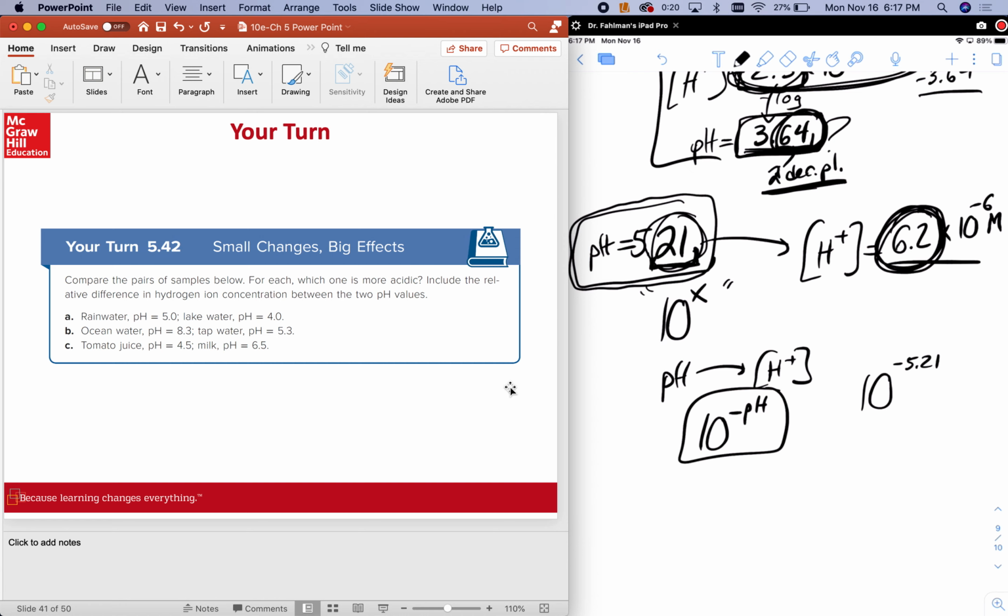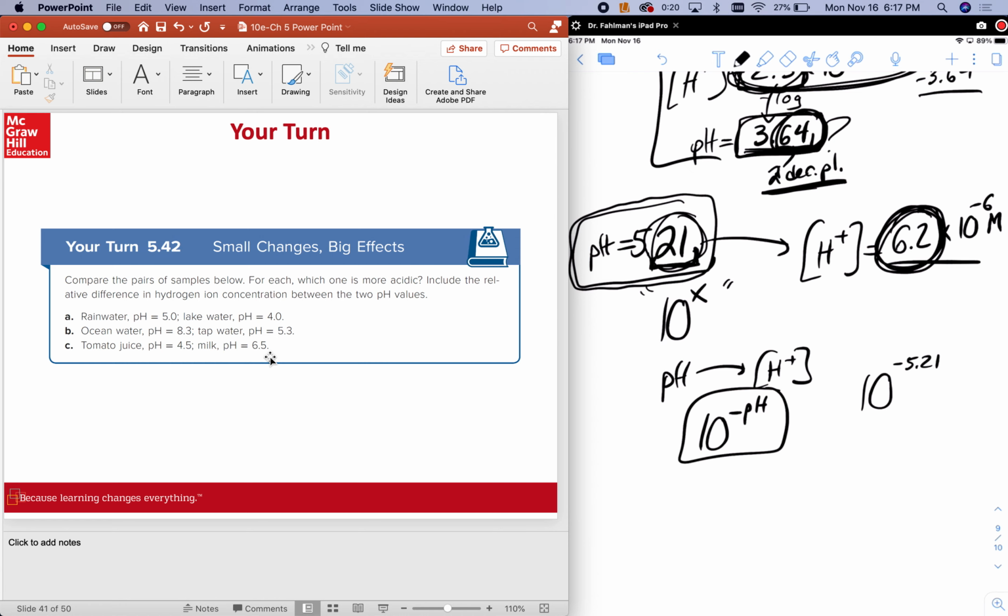All right, so for any of these then, you know which is more acidic. Okay, so pH of 4 versus 5, the smaller the number, the more acidic it is. Okay, so tap water is going to be more acidic in this case than ocean water. Tomato juice is more acidic than milk.